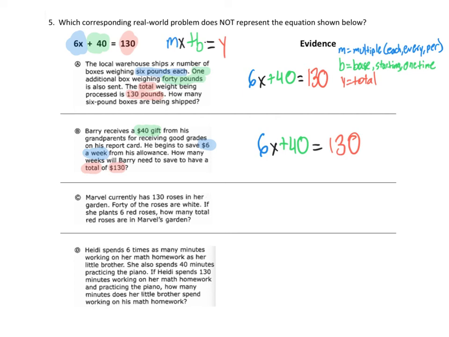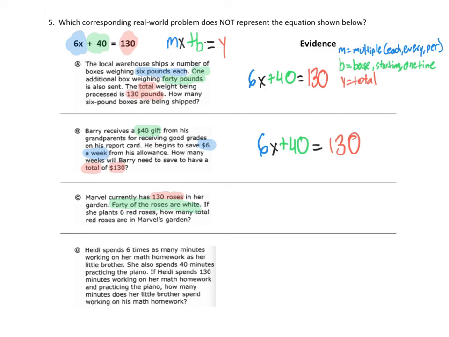C says Marvel currently has 130 roses. So that could be her total. 130 roses. 40 of the roses are white. Awesome. So that's our one time. If she plants 6 red roses, how many total red roses are in Marvel's garden? Well, that math doesn't add up.